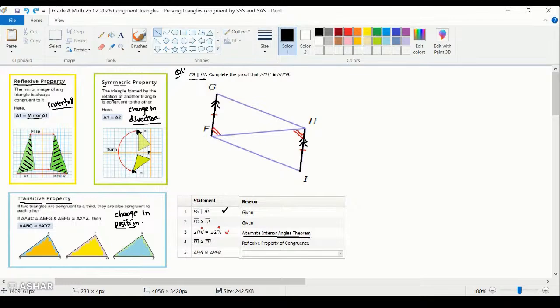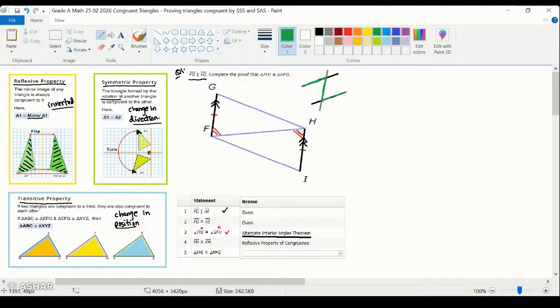If ever we have a pair of parallel lines, let's suppose this is a pair of parallel lines we have, and a line is intersecting this pair of parallel lines. What we can say is we are forming the alphabet Z or the alphabet N. Let's look at this, this line with this line and this line.